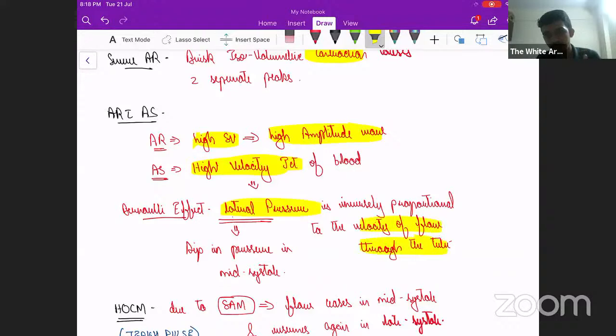So there is a percussion wave, there is a tidal wave. Because of the high amplitude wave, you will get a good percussion wave. Then because of Bernoulli's principle, because of the high velocity of the jet of blood, there will be a sudden dip in the lateral pressure because of aortic stenosis.